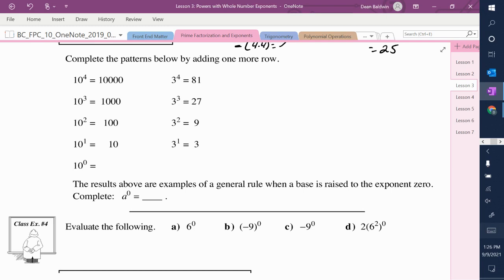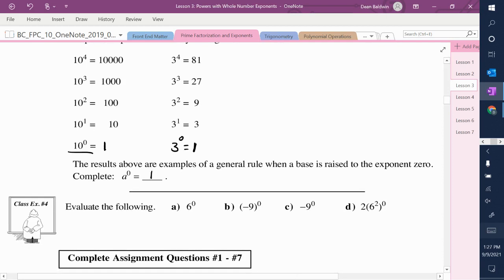Anything to the 0 exponent, i.e. 10 to the 0, 3 to the 0, equals 1. Has everybody heard that before? Some people have, some people haven't. It doesn't matter what the base is. So if I say a to the 0, you say 1.